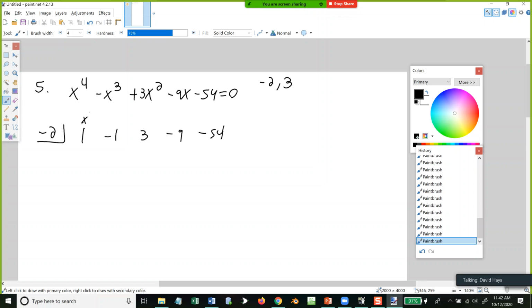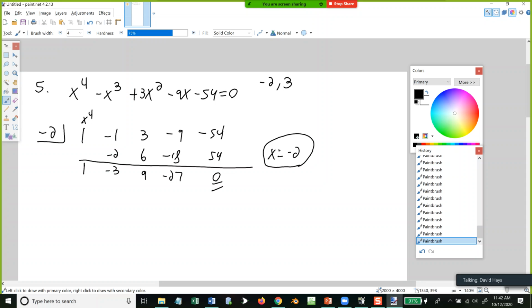This is our x to the 4th. Okay, add, multiply, add, multiply, add, multiply, add, multiply, add. Get a 0. Tells us we found our first 0, or our first answer. So x equals -2. Again, no big surprise. Calculator told us this is going to be an answer.